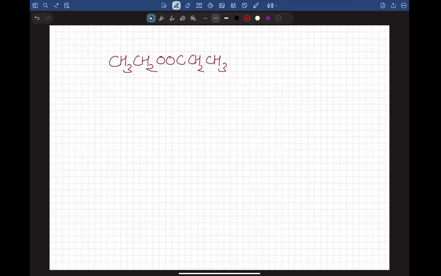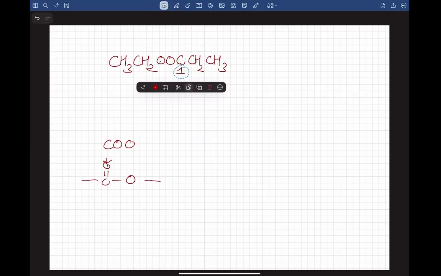Now, you might say that I don't really see a carbon double bond oxygen here. There is COO, which simply means carbon double bond oxygen and oxygen, right? So you look at this carbon, this is the one connected to both the oxygens. That means this is the carbon with C double bond O, right?